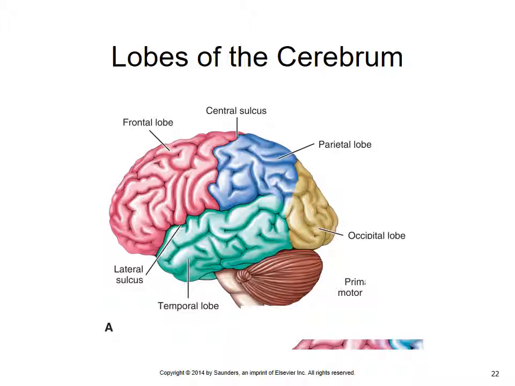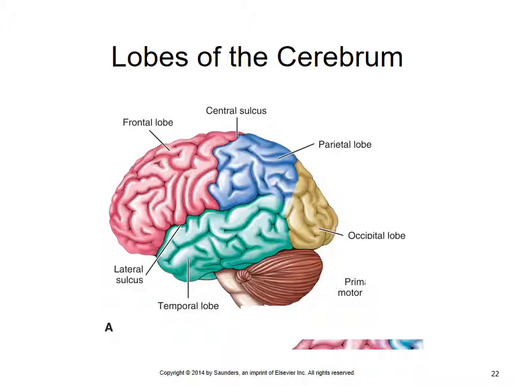If you look at figure 10.11, in what central lobe is the precentral gyrus found? The precentral gyrus is found in the frontal lobe. In what cerebral lobe is the postcentral gyrus found? The postcentral gyrus is found in the parietal lobe.